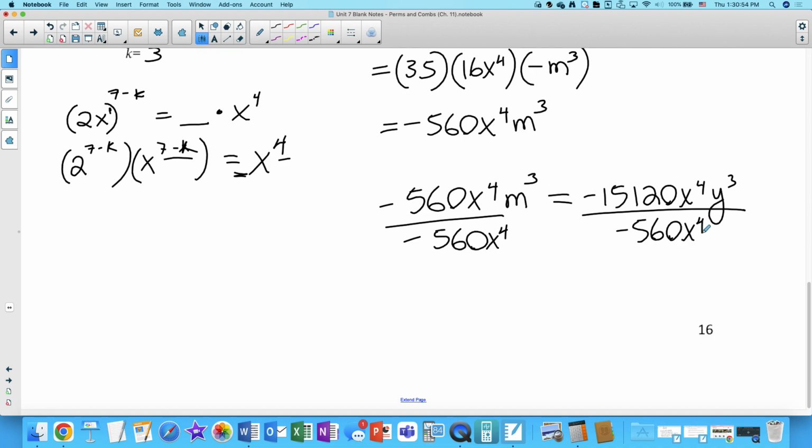Then on the left side, we have m cubed, and on the right side, we have 27y cubed. So if m cubed equals 27y cubed, what's m? 3y.